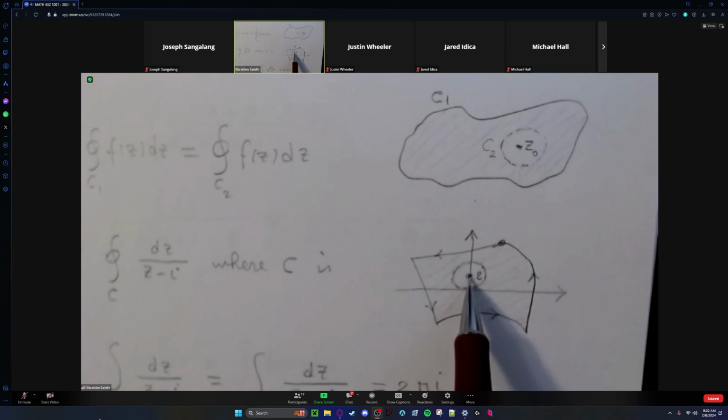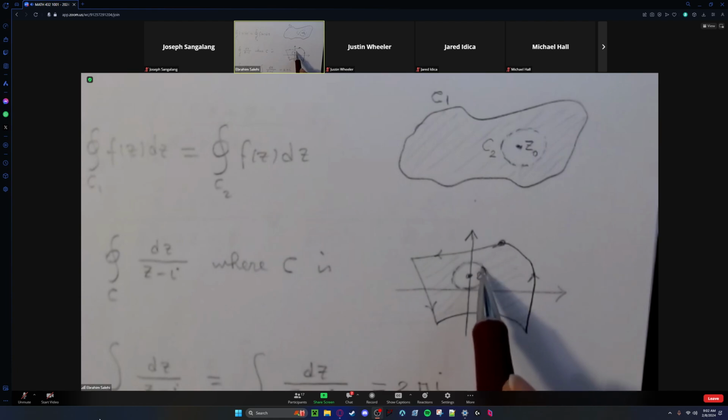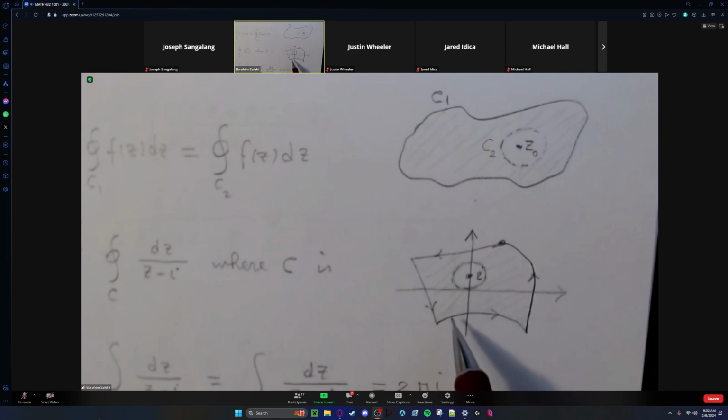We isolate this bad point and then use Cauchy's integral theorem for the case that you have a hole.